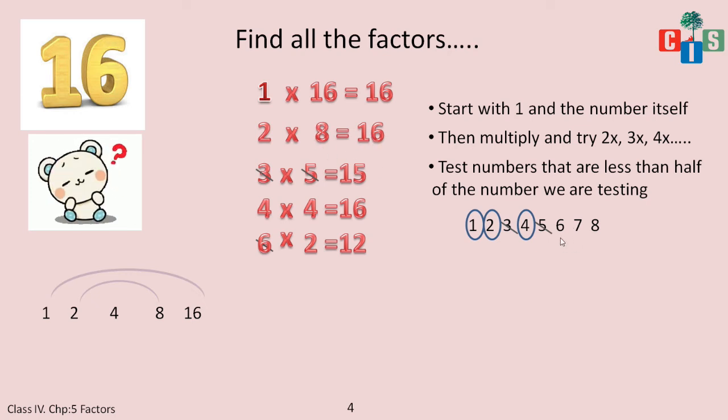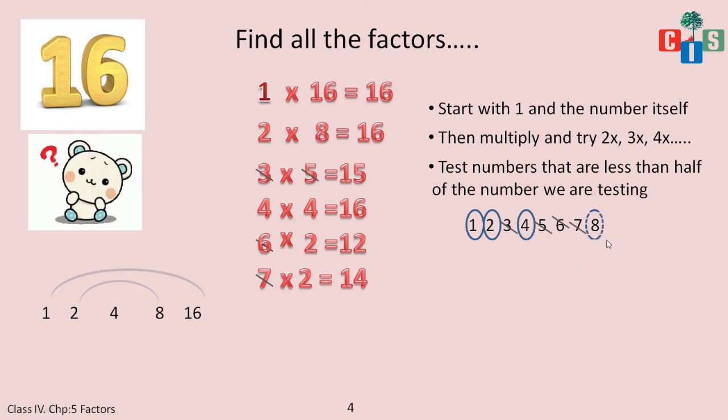So we cancel the 6. Let's check the next number, 7. How many times will you multiply 7 to get 16? You will not have it. 7 multiplied by 2 gives 14, so 7 is also not a factor.